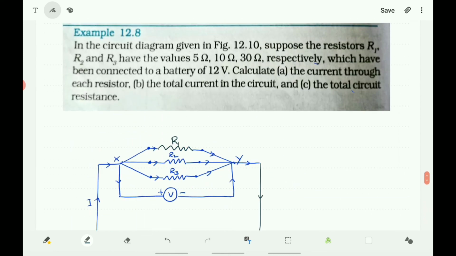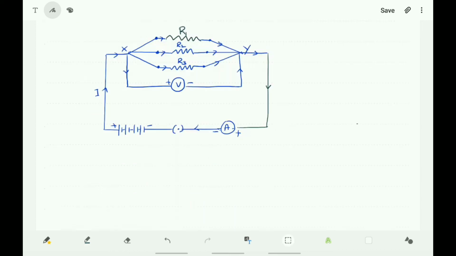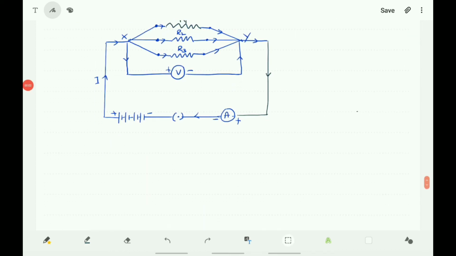Next one is the total circuit resistance. Here there is a parallel connection, means you must take that 1 by Rp is equal to 1 by R1 plus 1 by R2 plus 1 by R3. Here R1 is equal to 5 ohm, R2 is equal to 10 ohm, R3 is equal to 30 ohm.